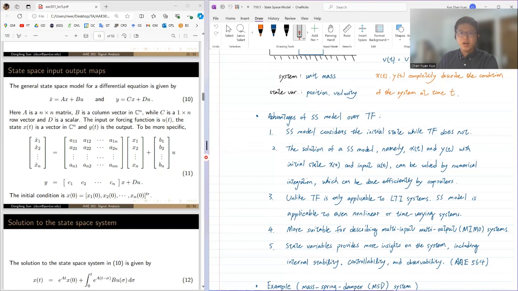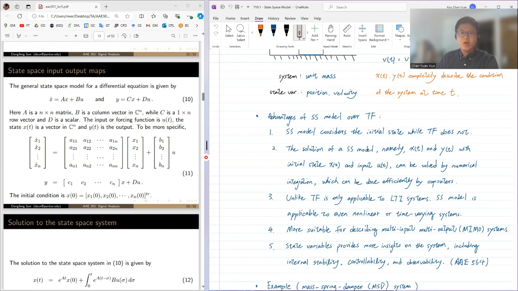Third, transfer functions are limited to linear time invariant systems, while state space models are applicable to even nonlinear or time-variant systems. Fourth, the input u of t and output y of t of a state space model can be vectors. This makes a state space model a more suitable alternative to describe a multi-input, multi-output, or MIMO system.